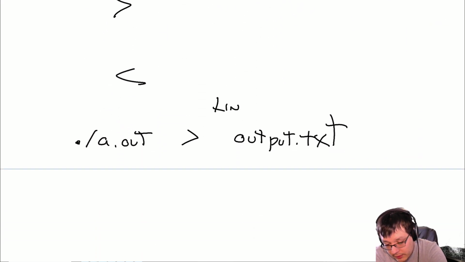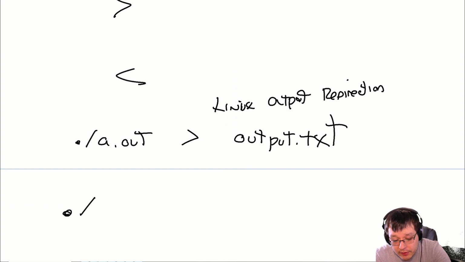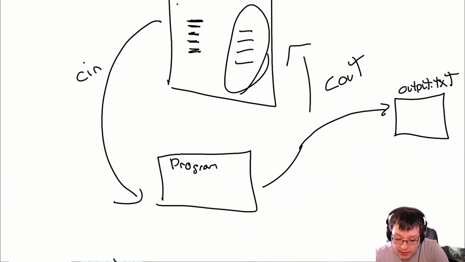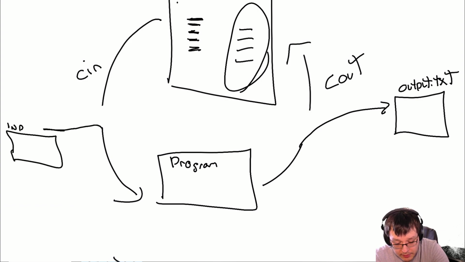So we'll call this Linux output redirection. For the input, you can do the same thing. You can do a.out, but then instead you use the less than sign and give it a file name. So I guess it makes sense to call this one input.txt. Same thing here. In this case, it's going to cut off this link and replace it with a file called input.txt.